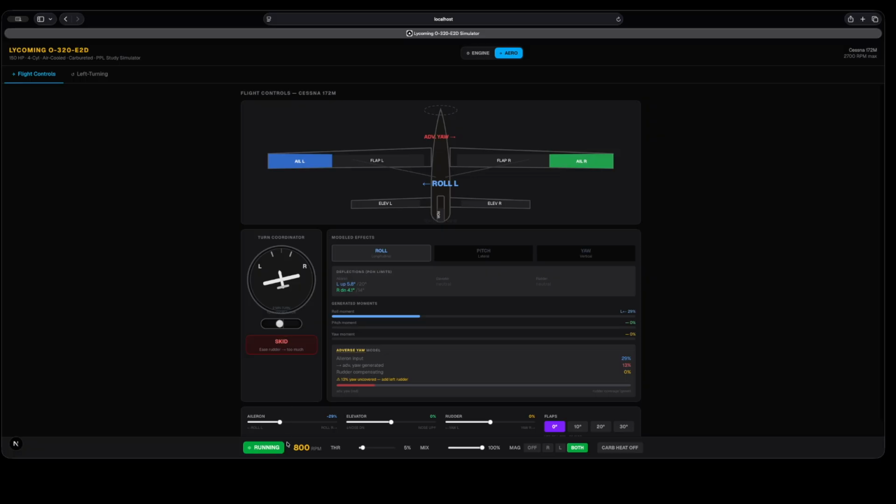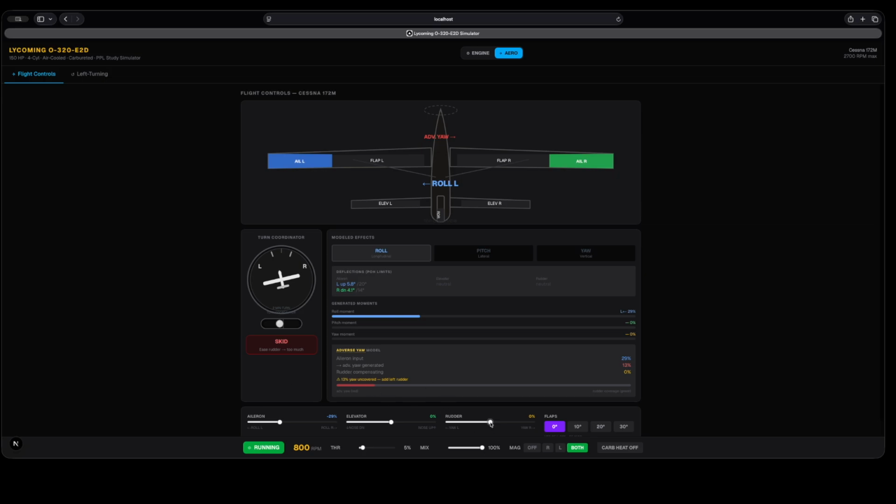And you can see that without applying any rudder input, we go into what's called a skid. We're uncoordinated, and the center of gravity is shifted to the left. So that's going to increase your parasitic drag on the airframe, and can actually lead to certain types of stalls.